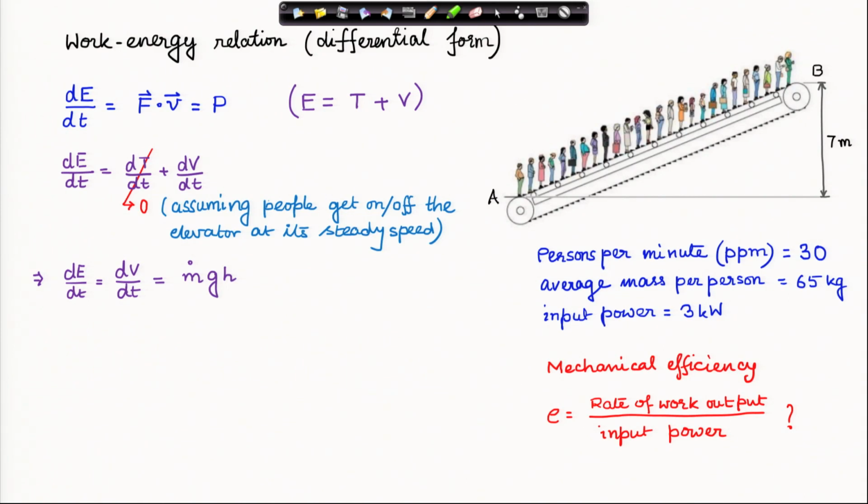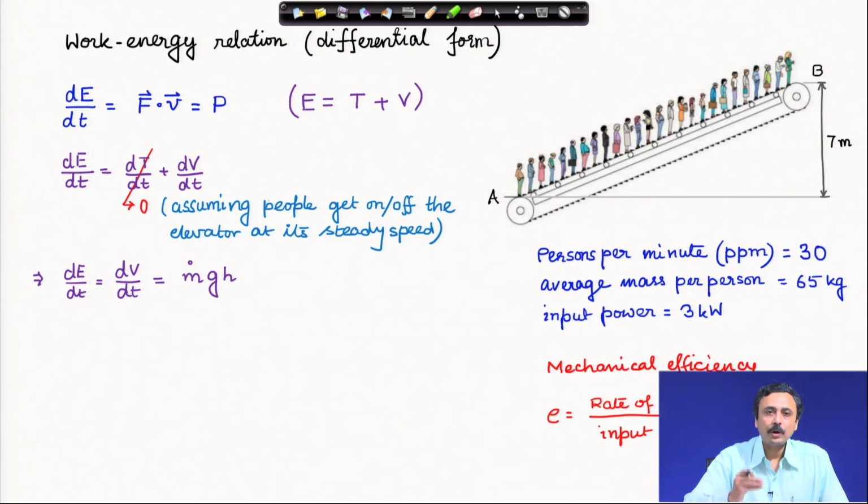How can it change? m is normally a constant, g is a constant, h is fixed, it is taking these people up by 7 meter. Therefore, what is the rate of change of potential energy? That has to come from m dot, because this is not a fixed mass system.